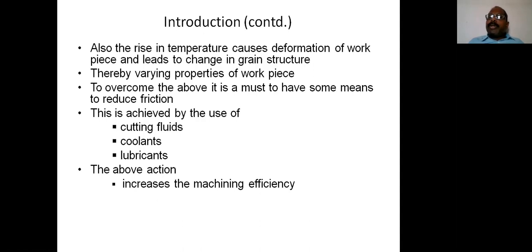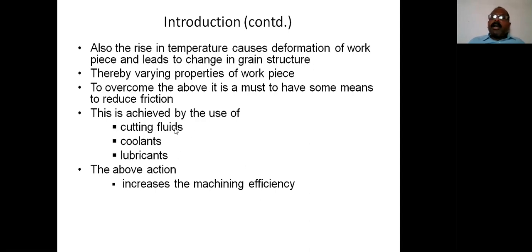That is the first one. Second, the surface finish produced during that operation is good. And third, the rate of metal removal also increases. That is the third point under machining efficiency.